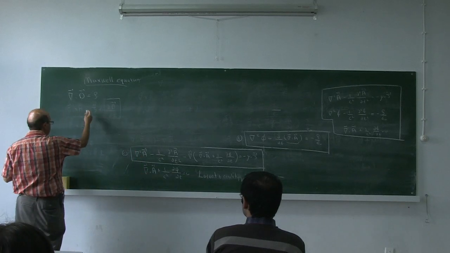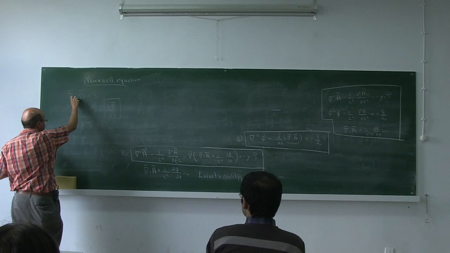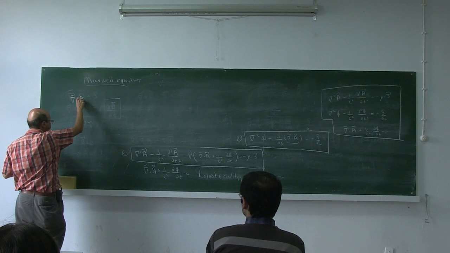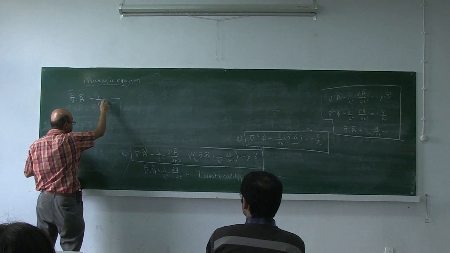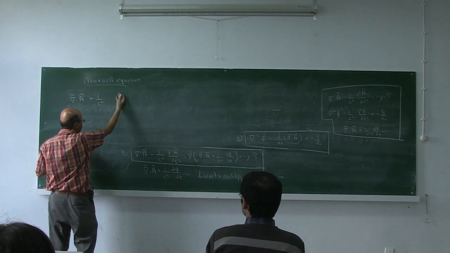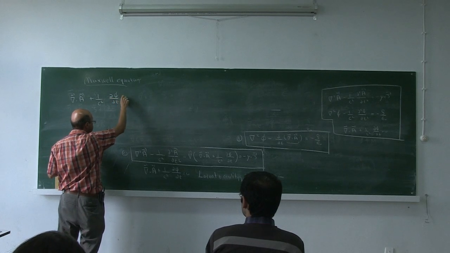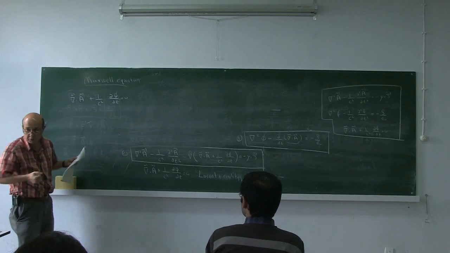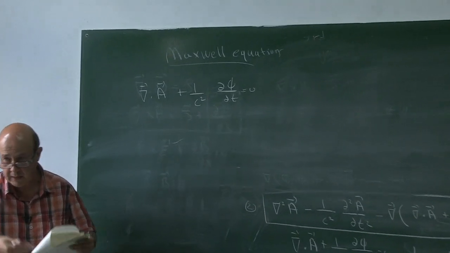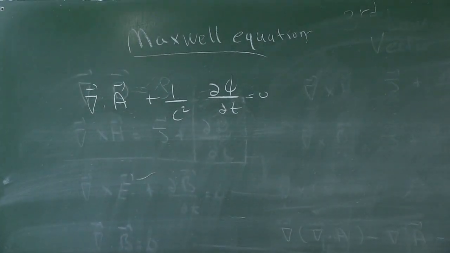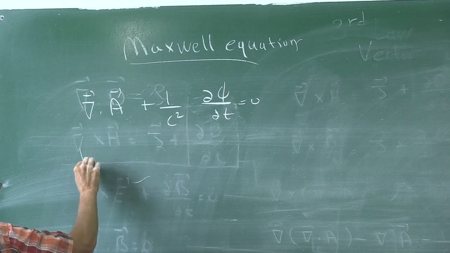So we have del dot A plus 1 over c square del phi over del t is equal to 0. So what I am going to do, I will write A as A prime, phi as phi prime in terms of the gauge transformation. So the situation is the following.